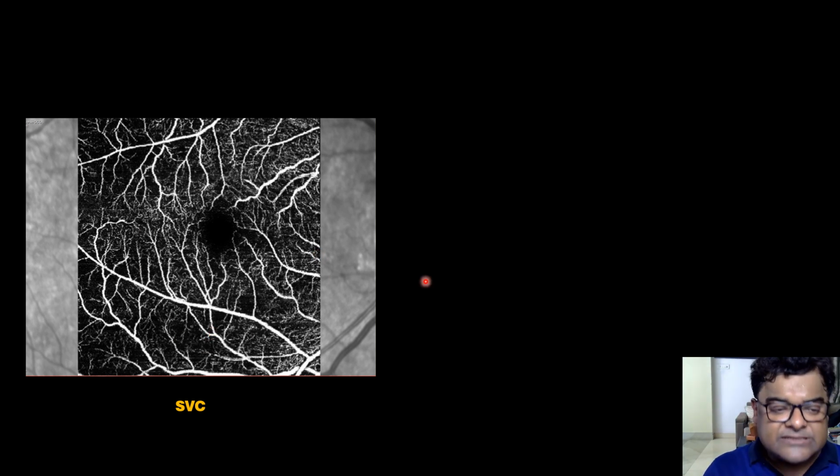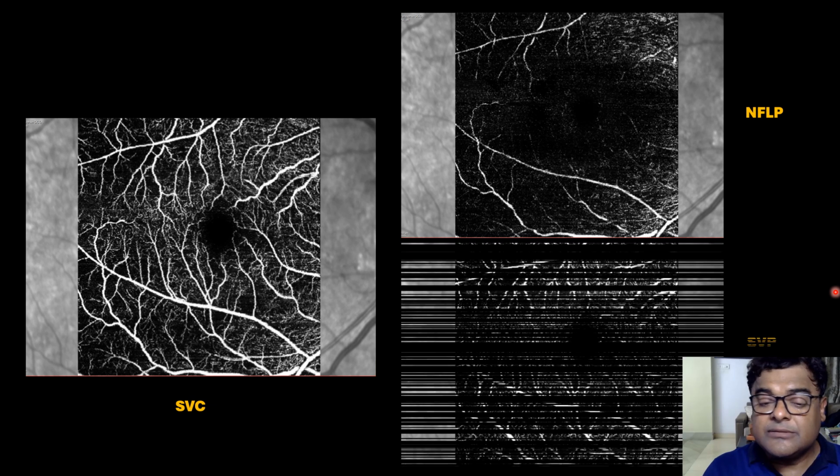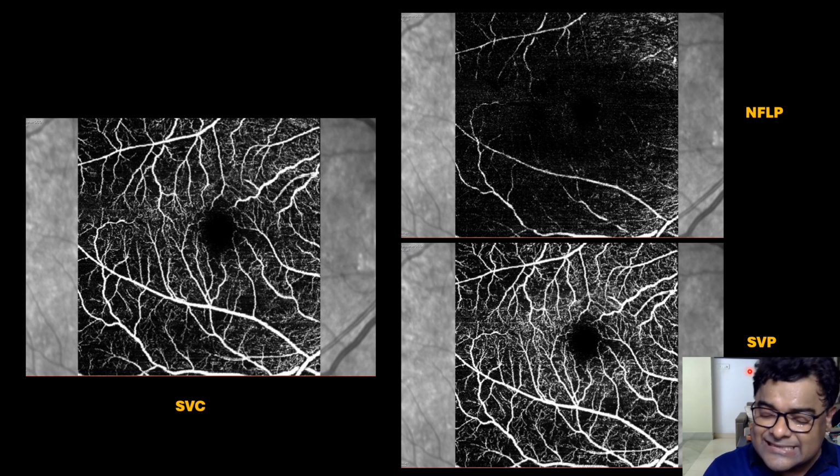The superficial vascular complex has two parts: the retinal nerve fiber layer plexus and the plexus in the ganglion cell layer up to the inner plexiform layer, that is the superficial vascular plexus.